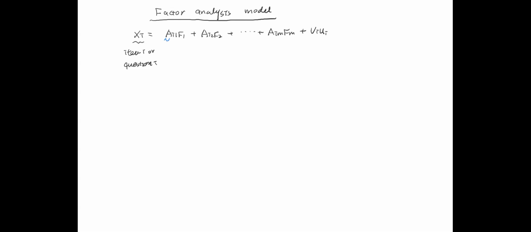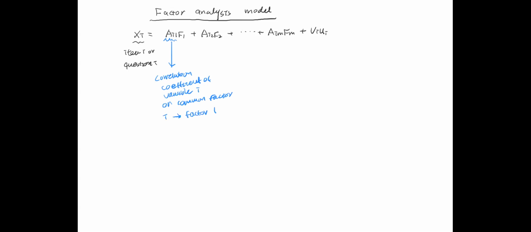So here this Ai1 works like a regression coefficient, the beta coefficient in the regression model. So in this factor analysis context, this is called the correlation coefficient of variable i on common factor i. And this is also known as factor loading values.